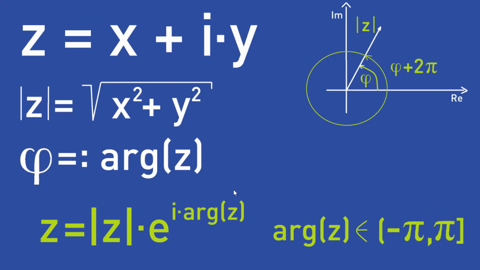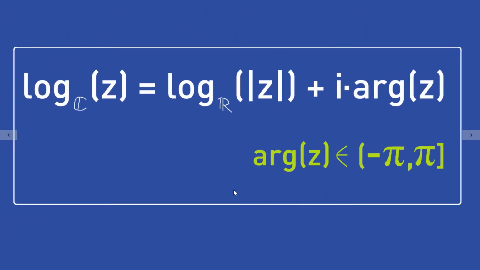Because complex numbers are pretty important, people also defined the logarithm for complex numbers. So the complex logarithm is defined as follows. The complex logarithm of a complex number z is defined as the real logarithm of the absolute value of z, which is a real number, plus i times the argument of z.